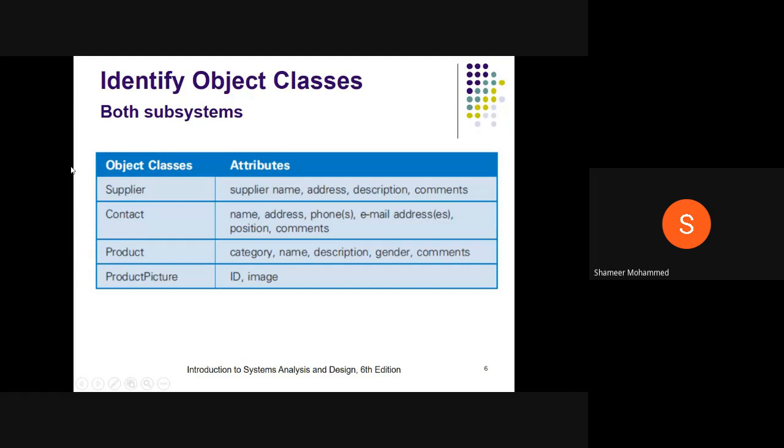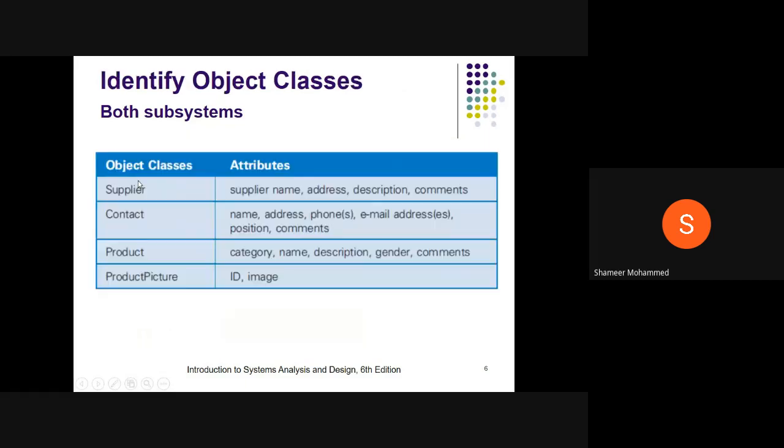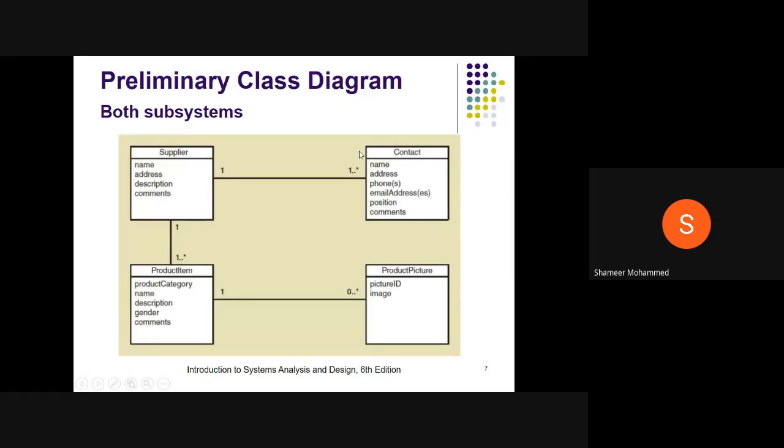So here also in this information system, you have to consider the objects and what their attributes are. Then you draw the class diagram. This is the class diagram. So supplier is a class. The supplier class has name, address, description, comments as attributes.